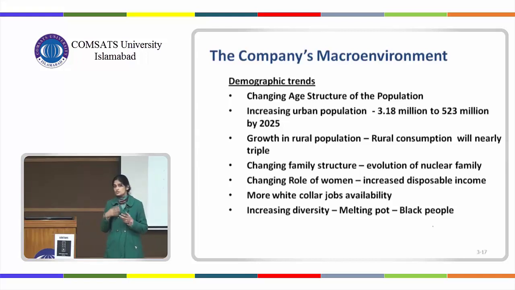So if you're introducing a product for that segment, let's say youngsters' apparel, you make clothing products for youngsters, that essentially means you have a market of 40% of the population, not exactly a target market, but a huge chunk of the population.